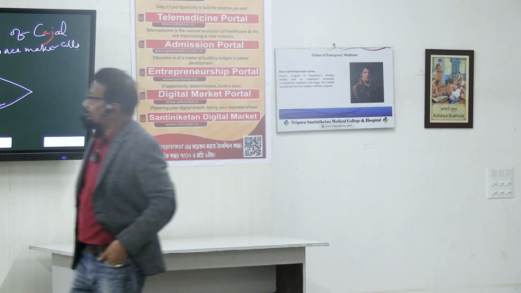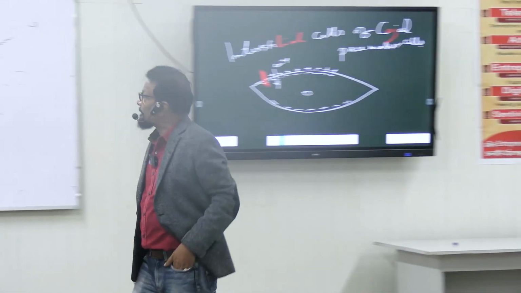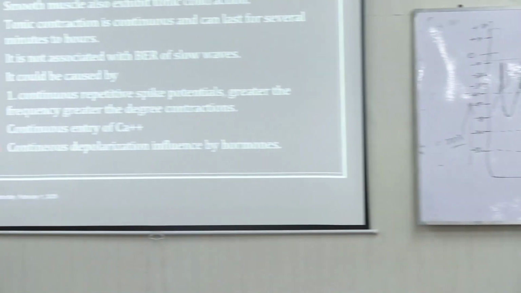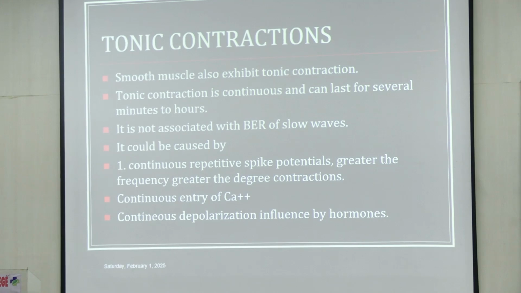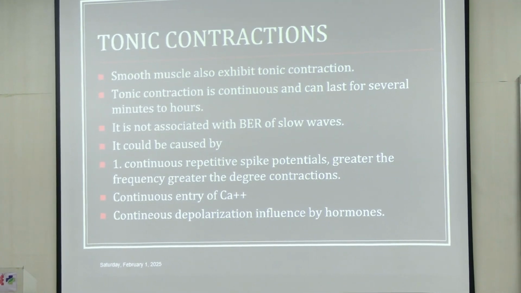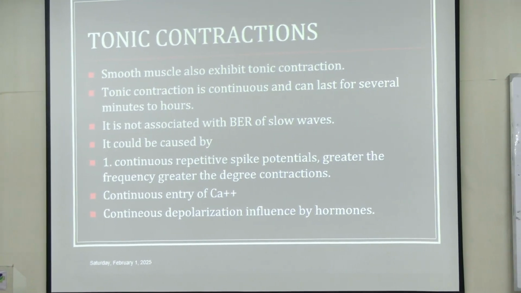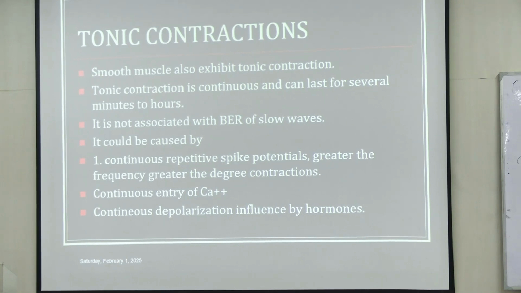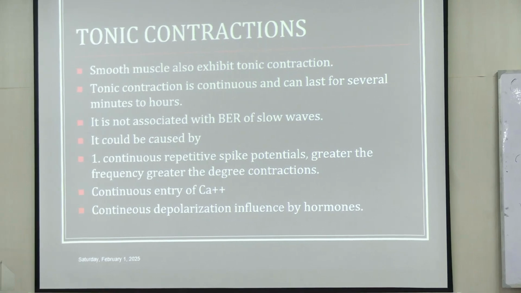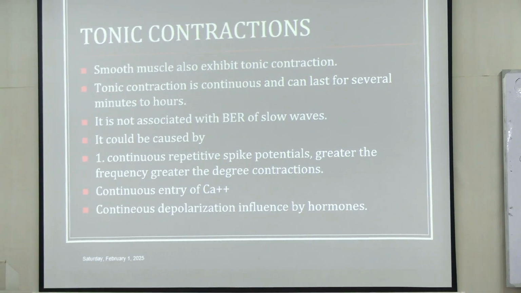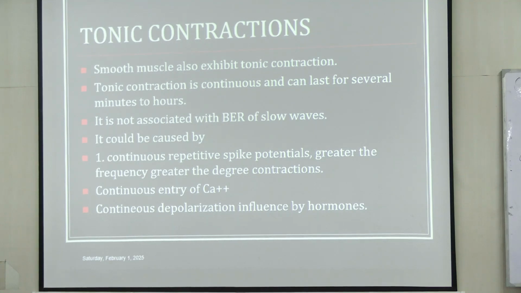Okay. Tonic contraction is continuous and can last for several minutes to hours. It is not associated with BER. BER means basic electrical rhythm. These slow waves are called pacemaker potential, slow wave rhythm. All are synonymous. BER, basic electrical rhythm of smooth muscles.